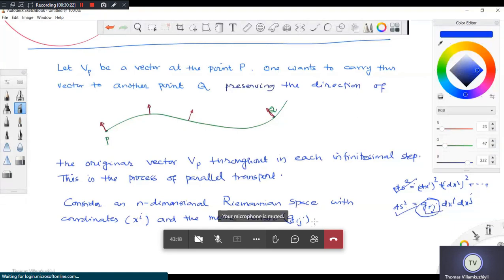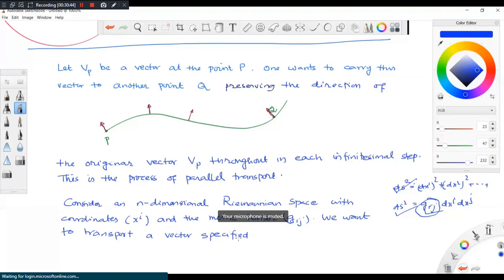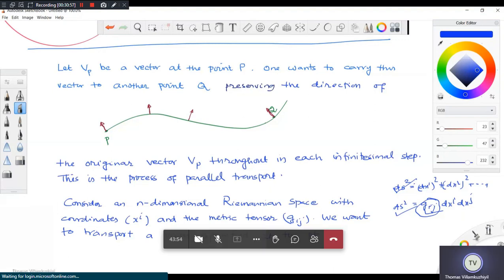We want to transport a vector specified at the point P. Specified at the point means here I am saying that this is perpendicular, or this is making an angle of 45 degrees, or this is tangent to the surface.